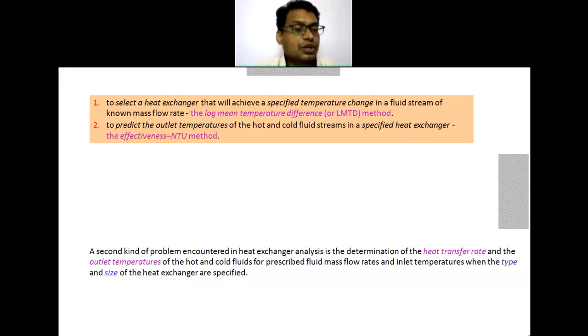For a given heat exchanger, the flow rates of the two fluids and only their inlet temperatures are specified, the outlet temperatures are not specified, and this is what is required for the effectiveness NTU method.